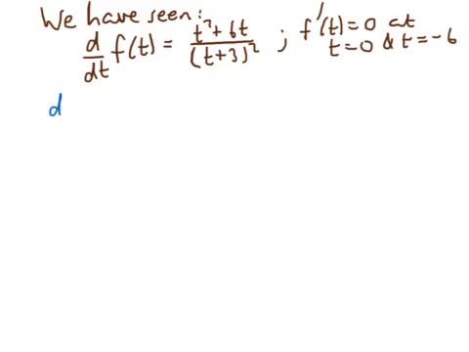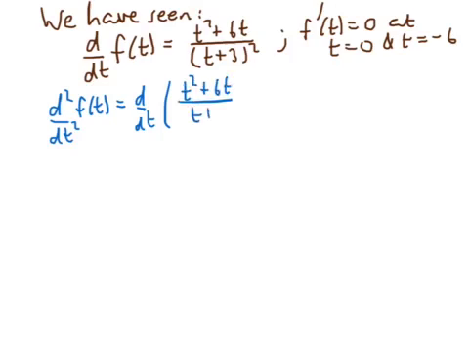So the second derivative of our function is of course the first derivative of the first derivative. So it is the derivative of t squared plus 6t over t plus 3 all squared. So I'm going to do this again using the product rule together with the chain rule for powers.